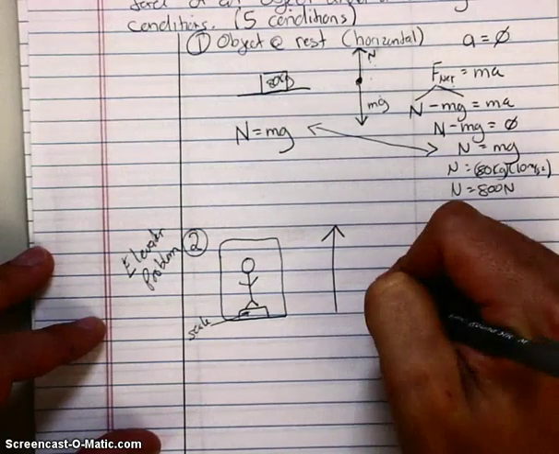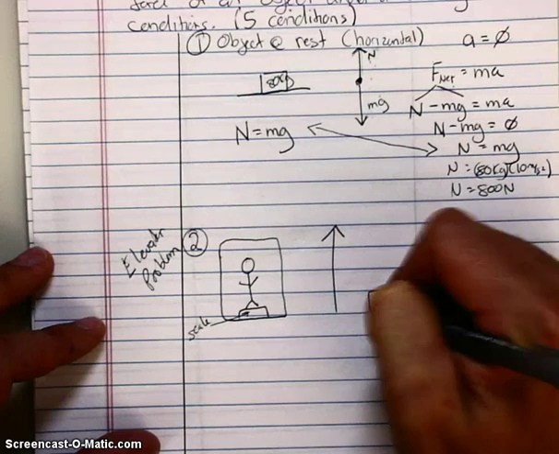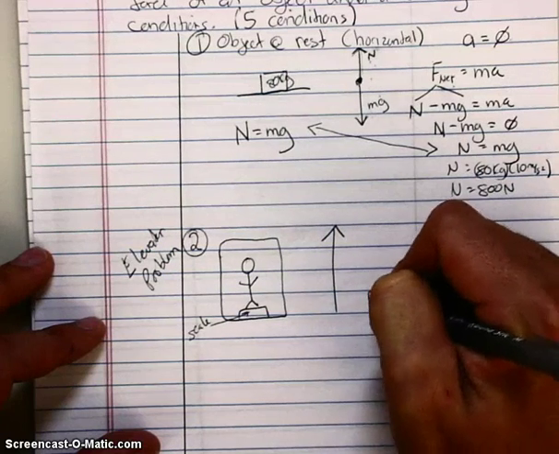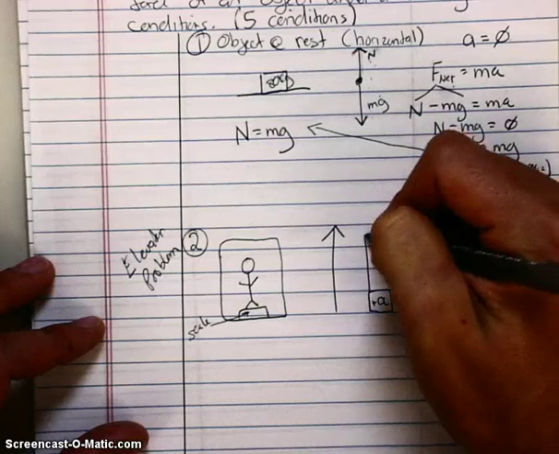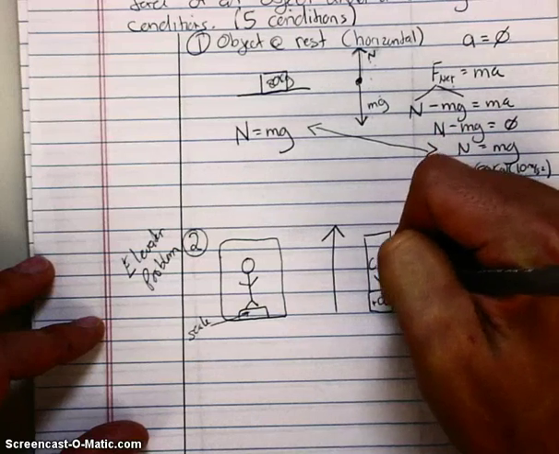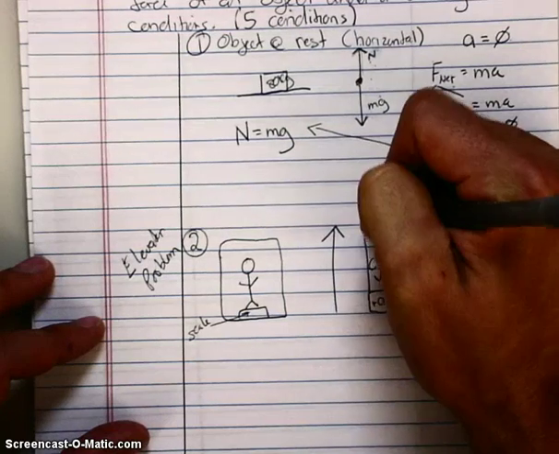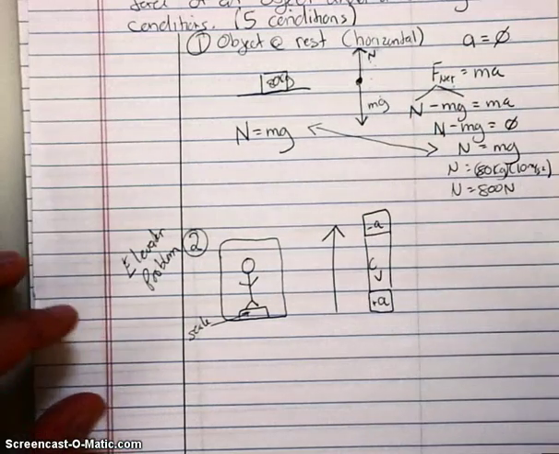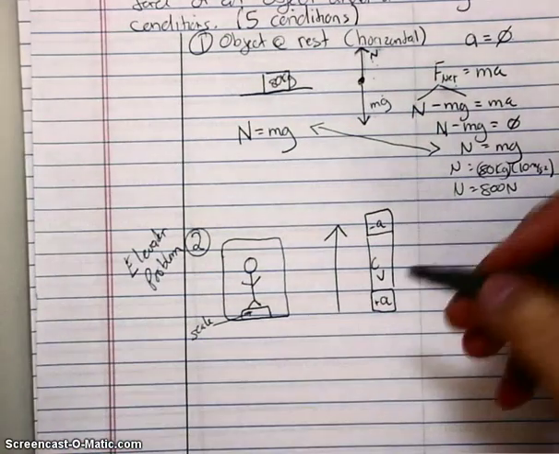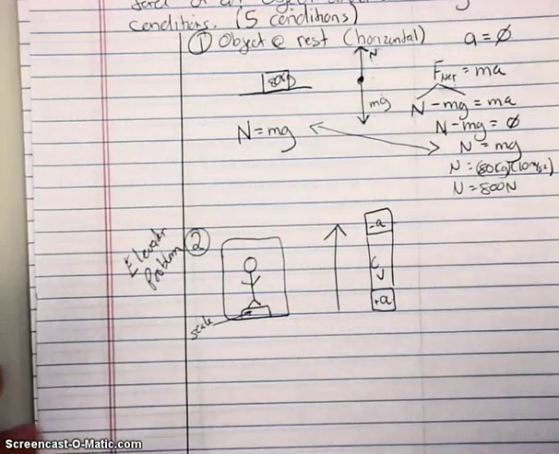During the very first part of that journey, the elevator accelerates to get up to speed. Then it has constant velocity, and then it decelerates at the very top to slow down, or accelerates in the negative direction. So we're actually going to look at all 3 of these situations right now.